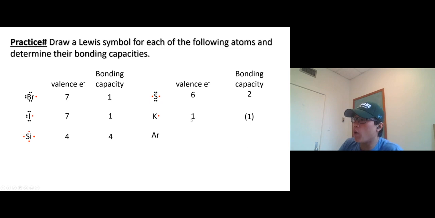So potassium has only 1 unpaired electron. Argon has 8 valence electrons. Does this guy want to form a bond? No, argon is one of the inert gases, so its 8 electrons exist as lone pairs.